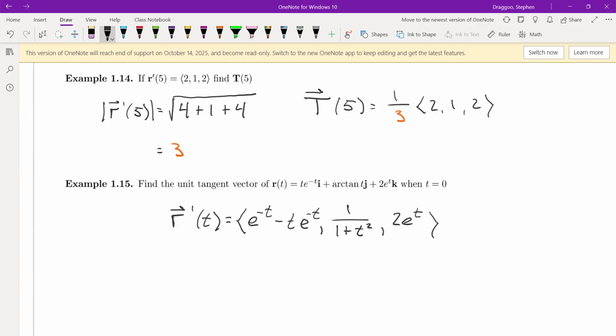So we've got our derivative. Let's plug in 0 for t. So r prime of 0 is e to the 0, which is 1, minus 0, still 1. 1 over 1 plus 1 is 1/2. But wait, no, we're not plugging in 1 for t, we're plugging in 0 for t. That's 1 over 1 plus 0, which is 1. There we go. And 2 times e to the 0 is 2 times 1, or just 2.